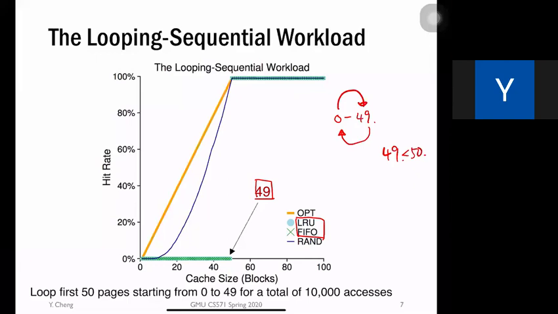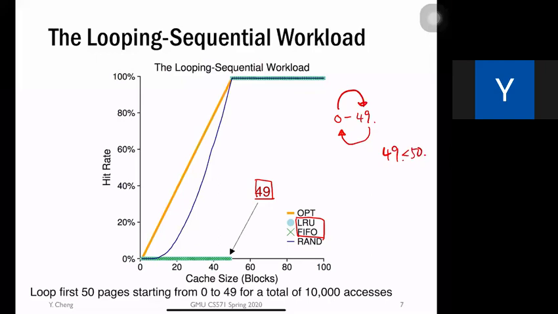Especially in the context of this looping sequential workload, LRU resembles the behavior of FIFO. Strictly speaking, it's not that there's no pattern. We do have a pattern. This pattern is just sequential scanning, sequential access, and LRU is bad for this kind of workload.